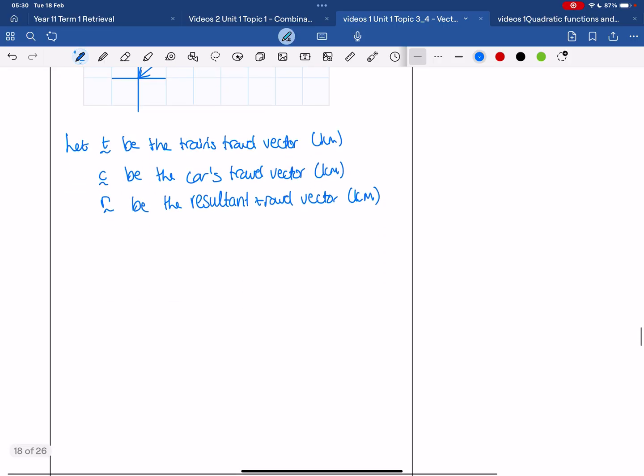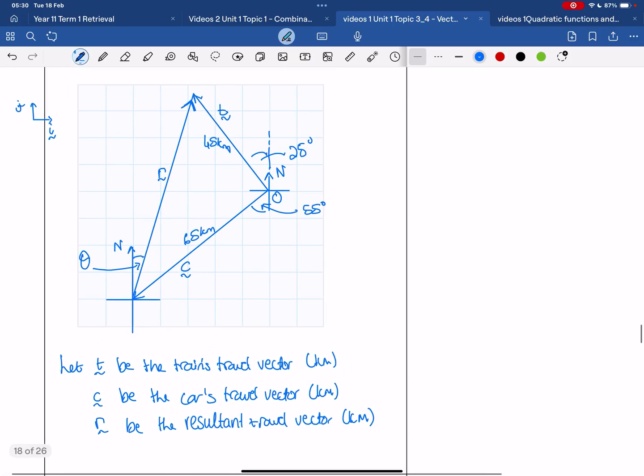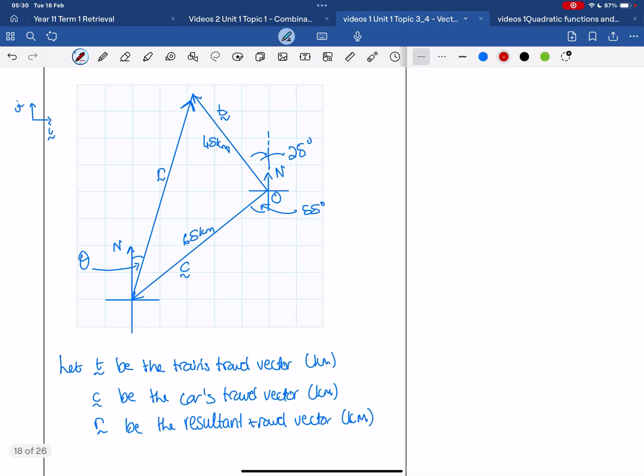All right. So let's have a look at T. Well, if I created my right angled triangle over here, I've got an opposite, I've got a hypotenuse, I've got an adjacent. To get from the start to the end of my T arrow, I had to move in the positive J direction and in a negative I direction.